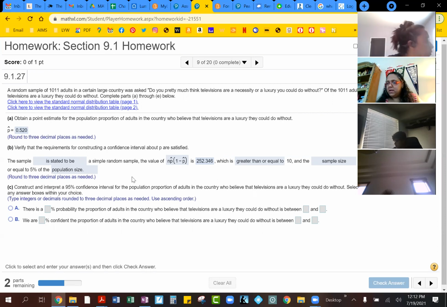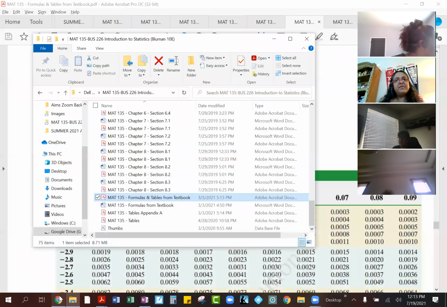And here is where we get into some interesting calculations. So you can see this is a 95% confidence interval, which means when you have to select your alpha value, your alpha is actually going to be 100% or 1, because we write these in decimals.